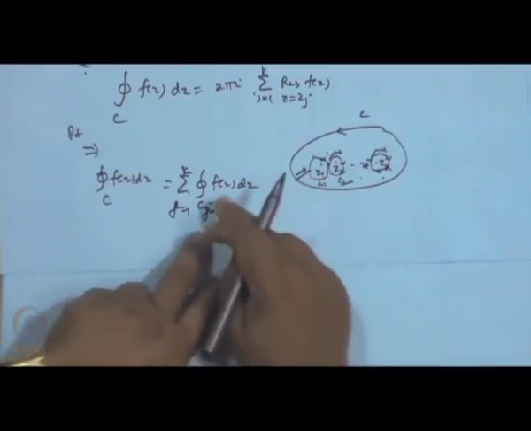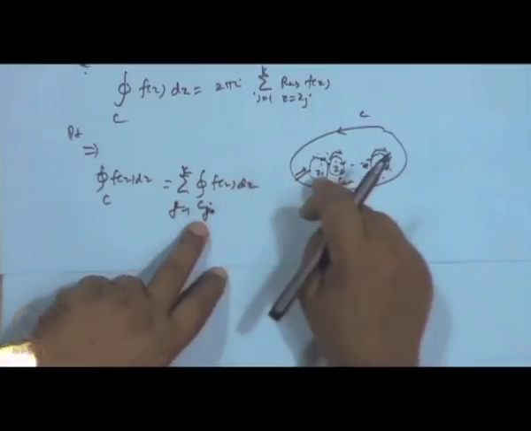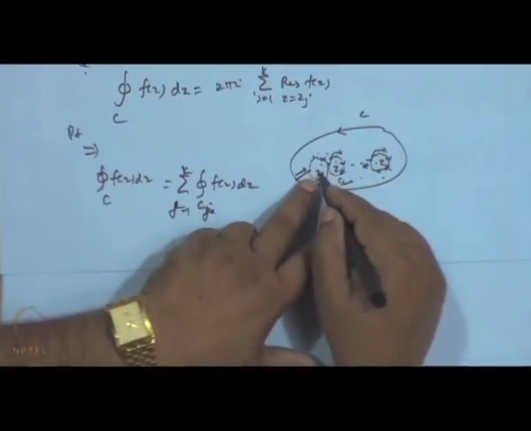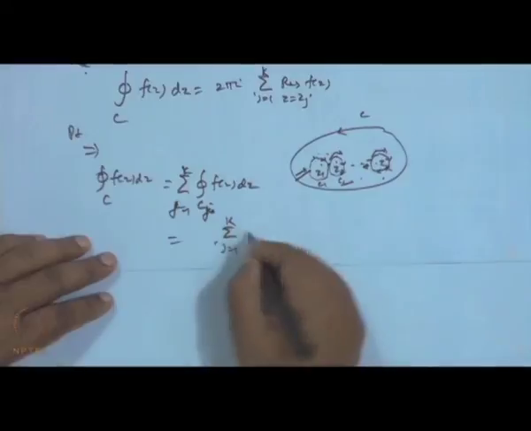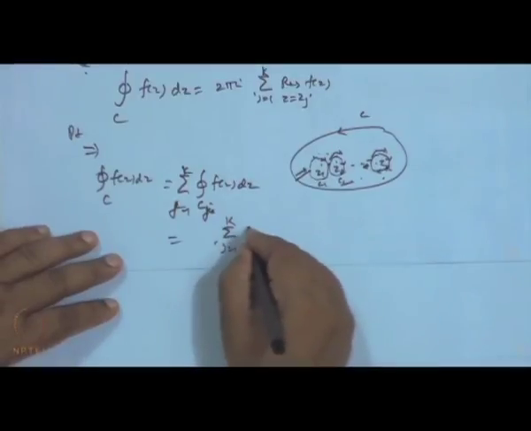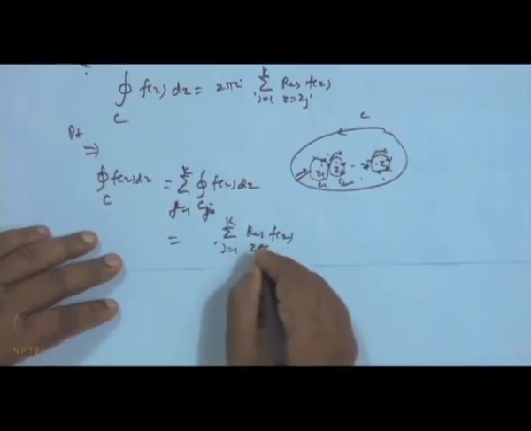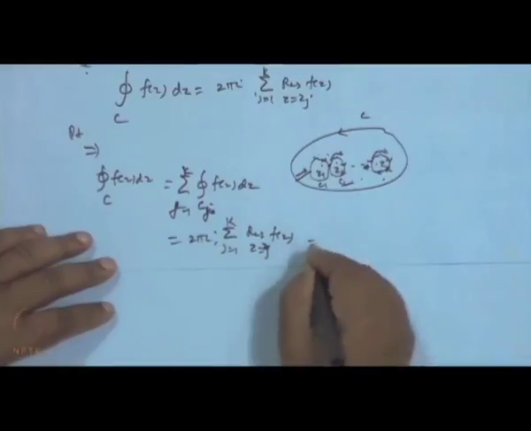Hence, by the previous result, the integral of f(z) along a curve C which encloses only a single point is 2 pi i times the residue of the function at this point. So this is equal to 2 pi i times the sum, j equal to 1 to k, of the residue of f(z) at z equal to zj. So this proves the result.